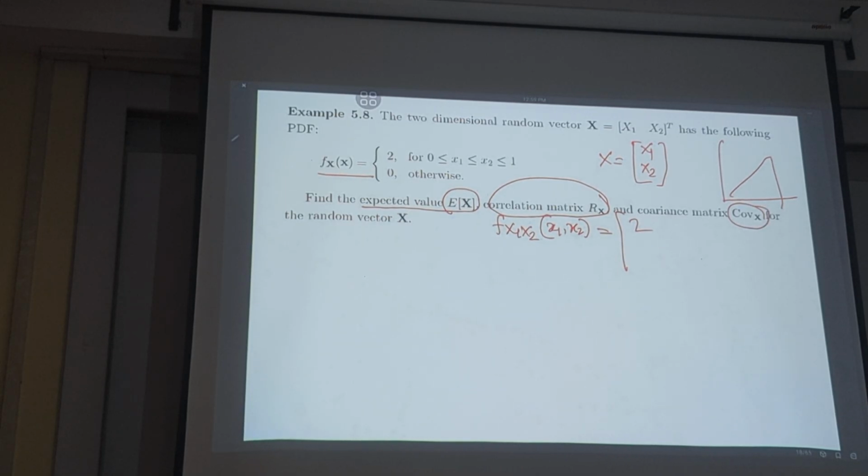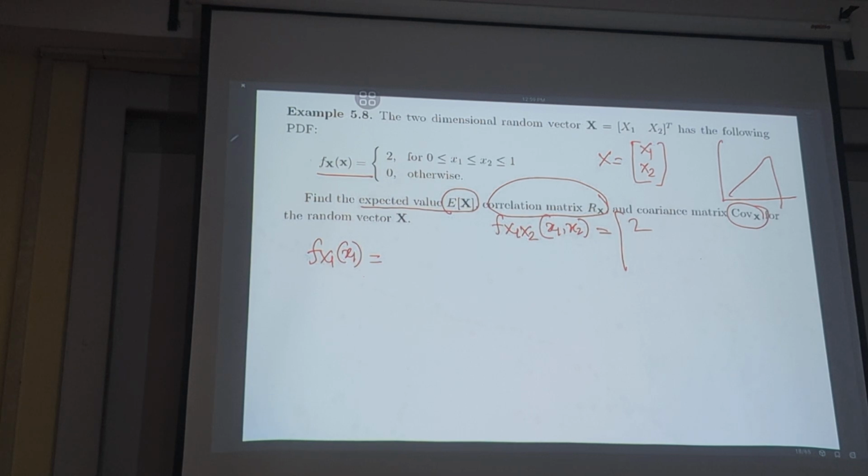To do that, what we need to do? We need to find out the marginal PDF of x, right? Marginal PDF of x1 is the integration of joint PDF of x with respect to x2. And if this is x1, if this is x2, for a particular value of x1, what is the range for x2? 0 to x1, right?